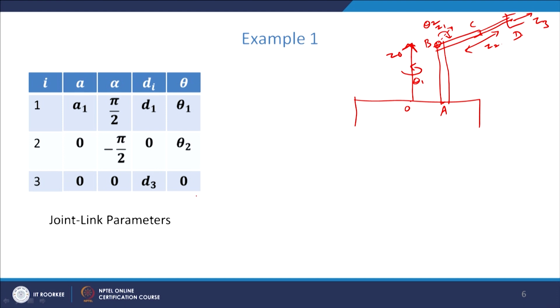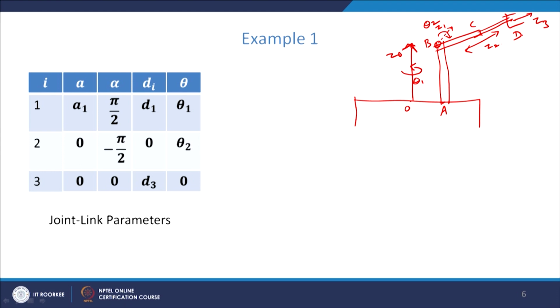So, the first thing is Z0 and Z1, they are perpendicular to each other, they do not intersect, and so the shortest distance, if you draw the intersection of the shortest distance line with Z1 axis can be taken as the origin.